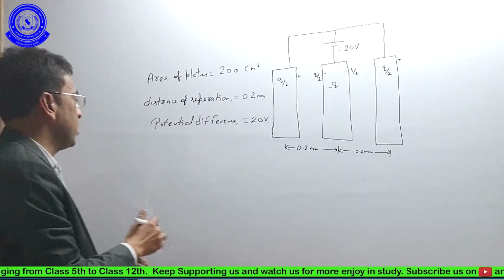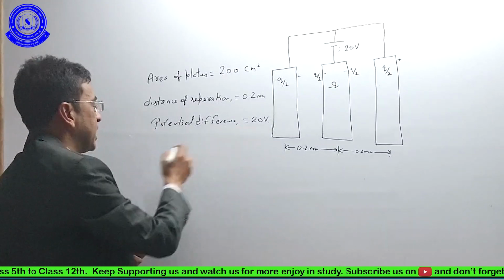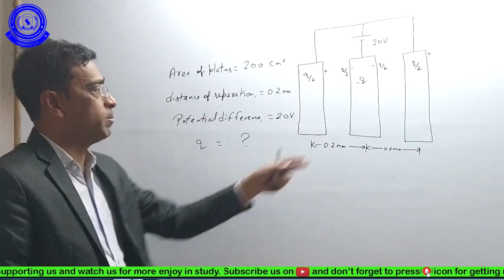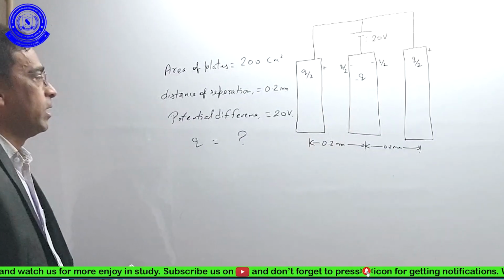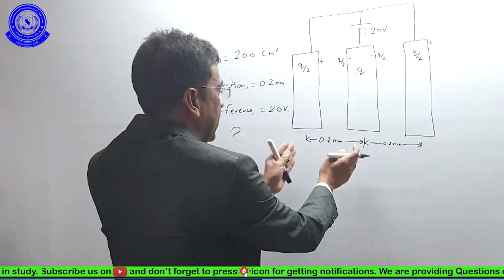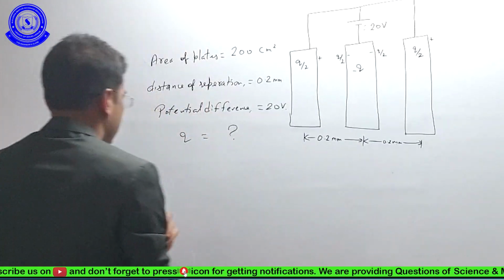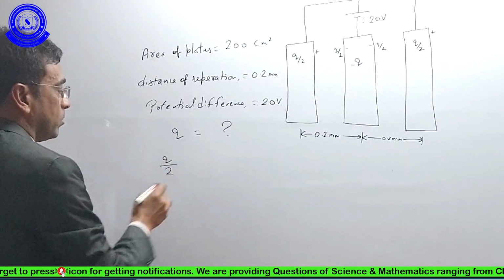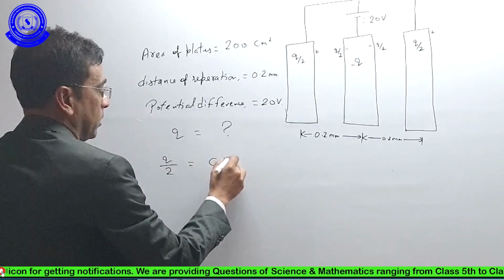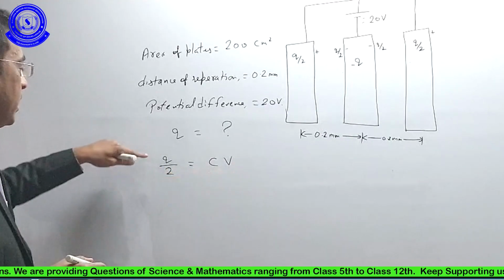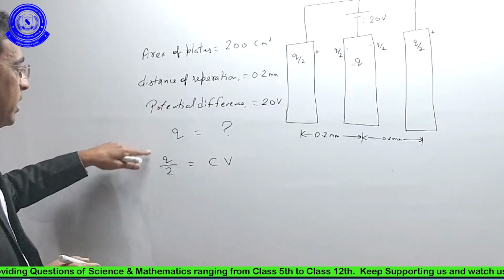Again, we have to find the net charge Q of this plate. If we take it as a capacitor, then the net charge is Q equal to CV, and here our charge is Q by 2.